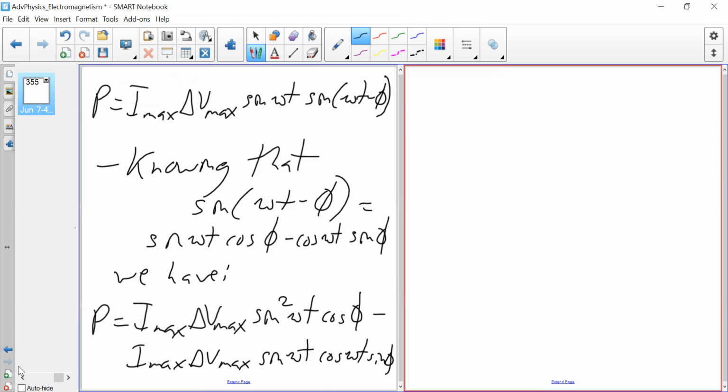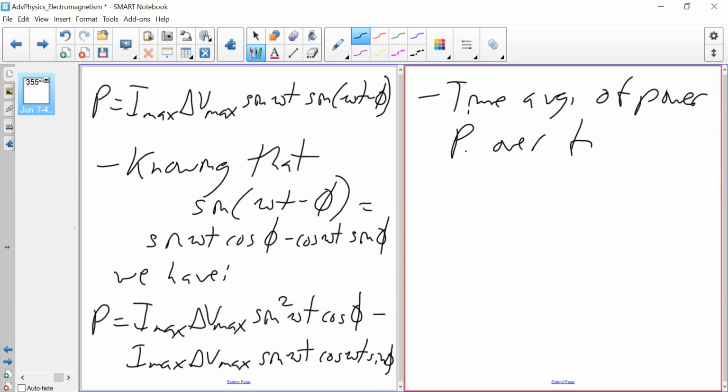So if we take the time average of power, so it's going to be I max up, I max down, same magnitudes, and take them over time, we'll see that I max, V max, and magnitude are going to be constants, because it's the same value up and below the zero, sines and cosines.